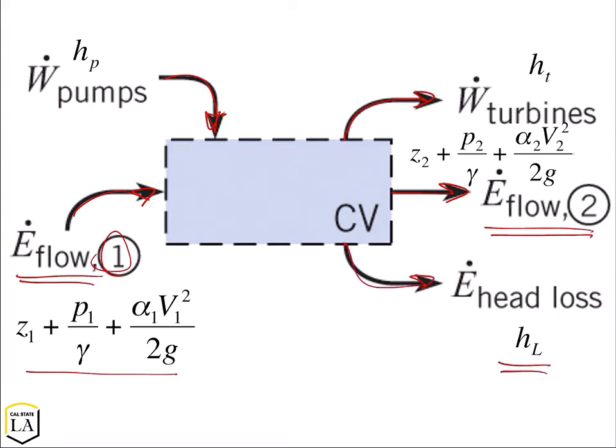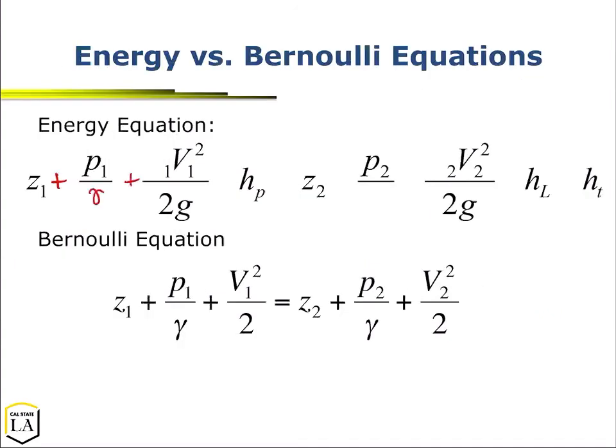So previously you only had these two things to account for, but now you have these additional things to account for: pumps, turbines, and losses. So this is just showing the comparison between the energy equation and our Bernoulli equation.